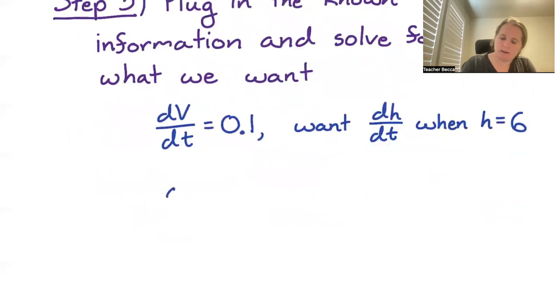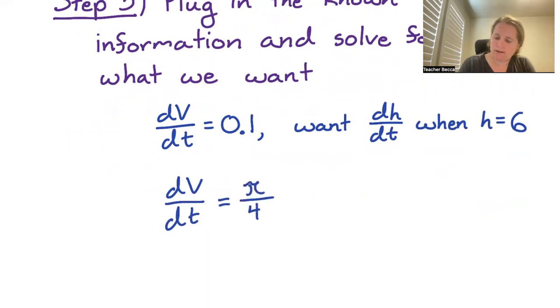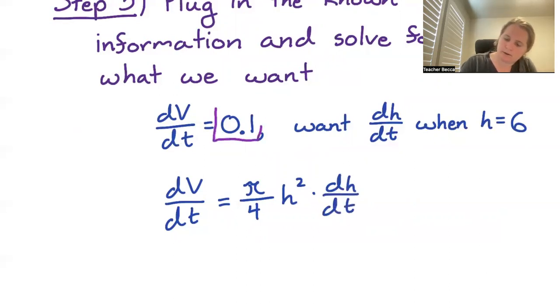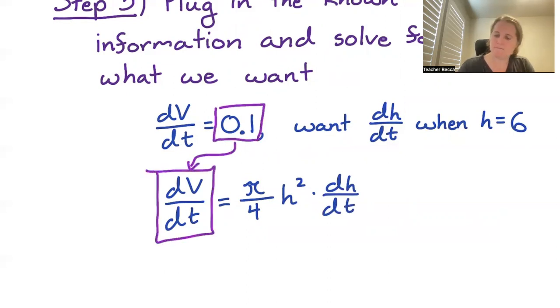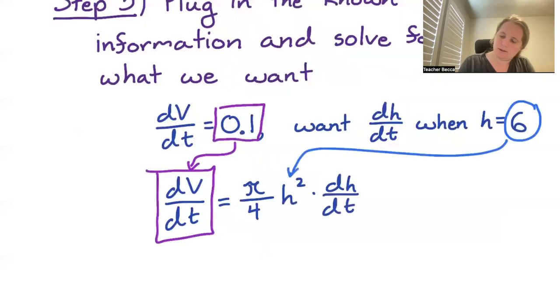So we have the equation dV/dt is equal to pi/4 times h squared times dh/dt. We know dV/dt is 0.1, so we'll swap that in. We know that h being 6 should swap out for the h in h squared.